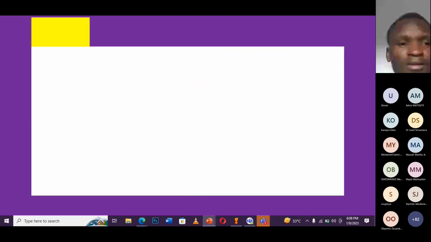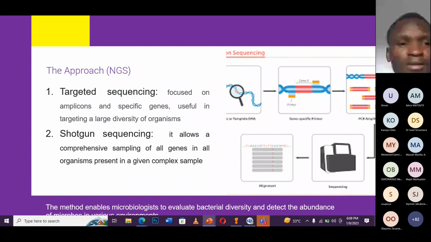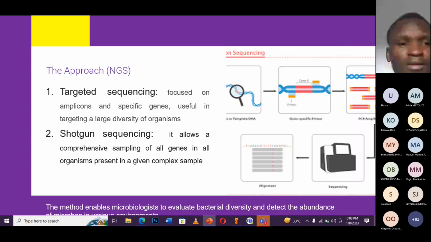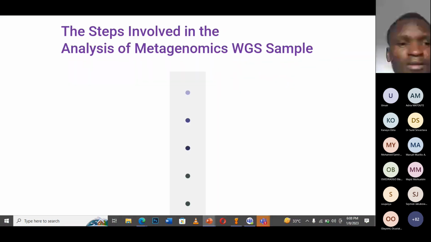Remember I told you the approach is targeted sequencing, and the category of targeted sequencing here is the 16S metagenomic sample. You can search that on Google. The second one is shotgun metagenomics, which is this WGS I'm showing you here, whole shotgun sequencing metagenomics approach.